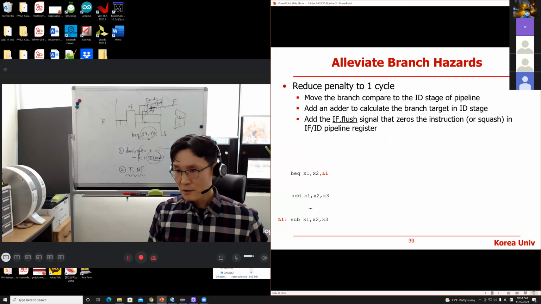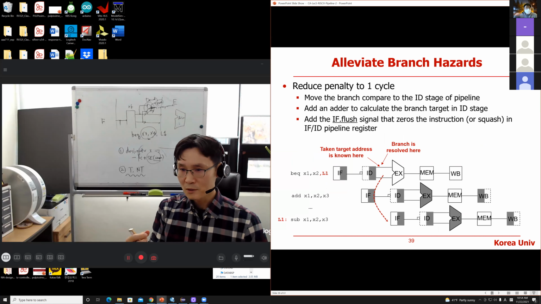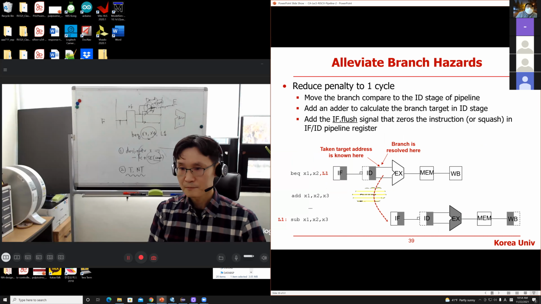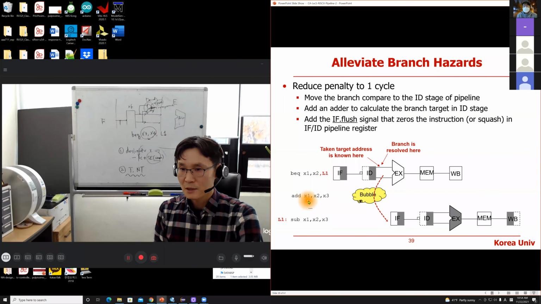This one we already talked about, to reduce two bubbles to one, you add some hardware in the decoding stage. So let's physically design that mechanism: how to flush out that instruction inside the CPU.